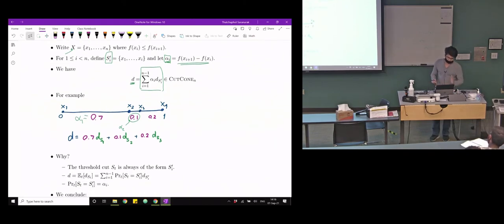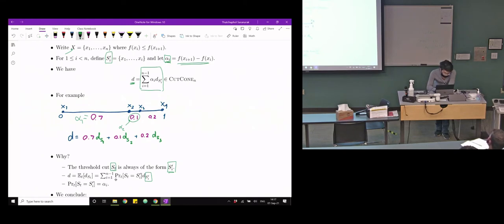So why is that the case? Because let's see, when you choose a threshold cut, S_t is always of this form. It's S'_i for some i. It's a threshold cut, and we just showed that D is the expectation of D_{S_t}, and S_t is always of the form S'_i.